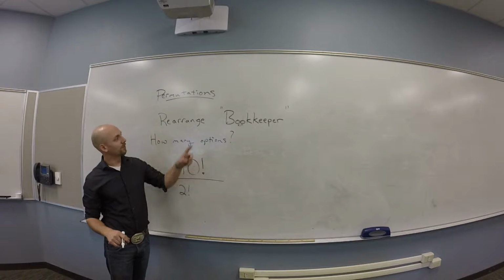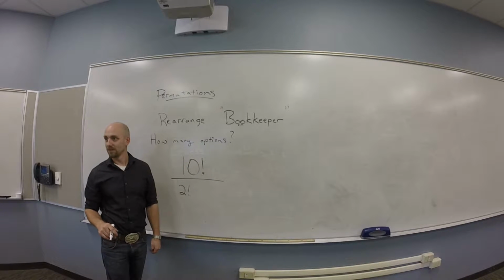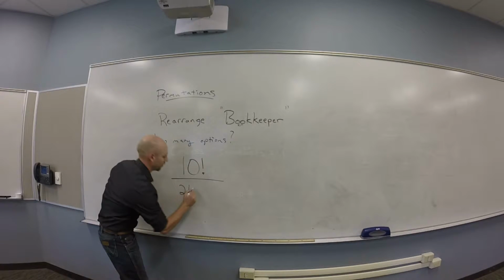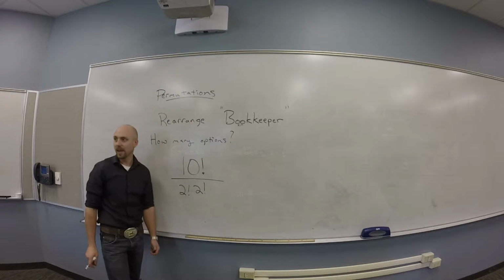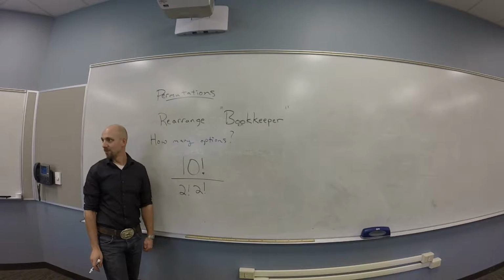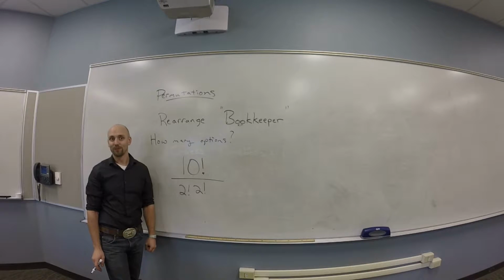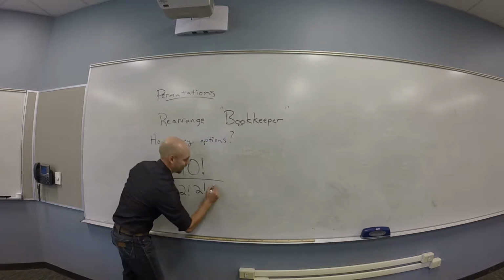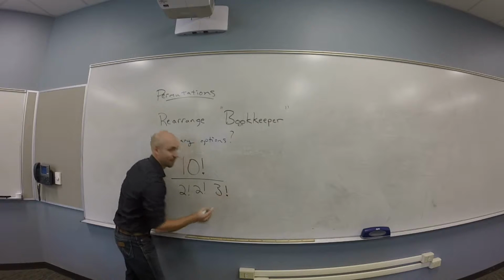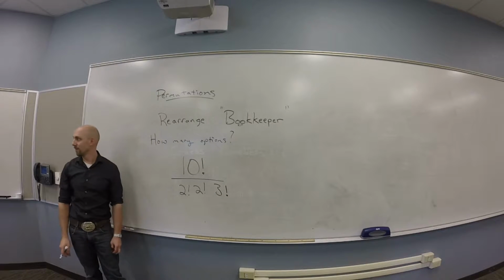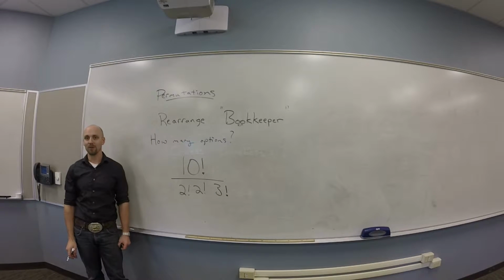How many rearrangements are there for K's? Also 2. So I should also slice out the K's. Then how many rearrangements are there for E's? 3. So I need to slice out a 3 factorial to get rid of the rearrangements of the E's.